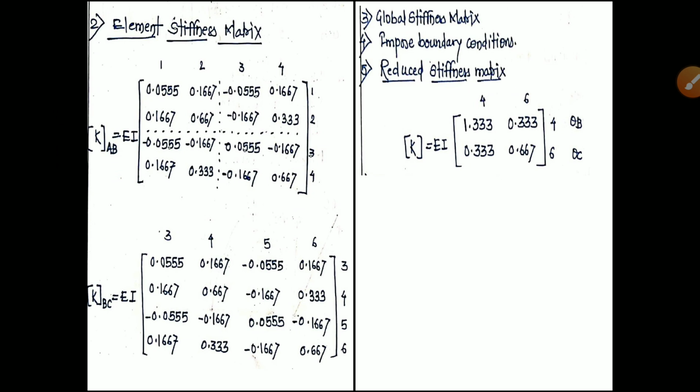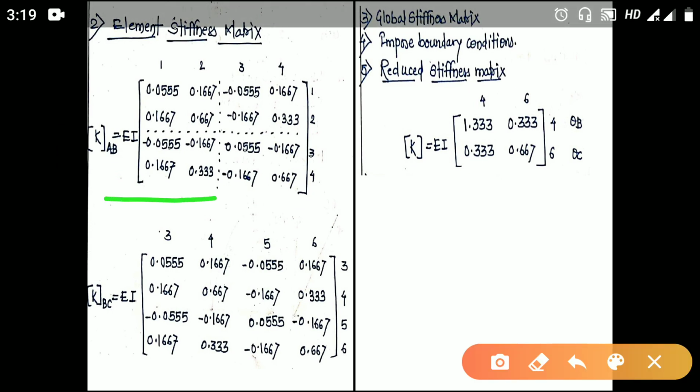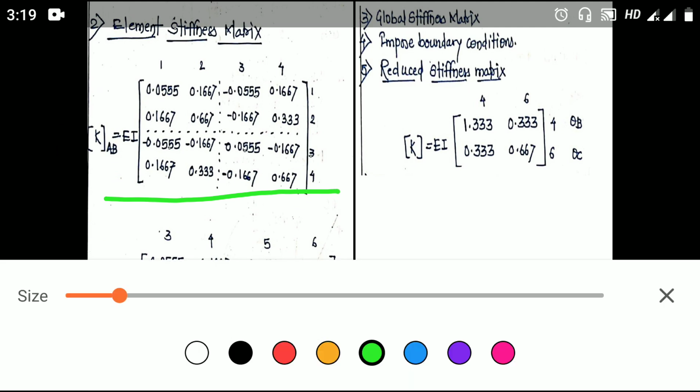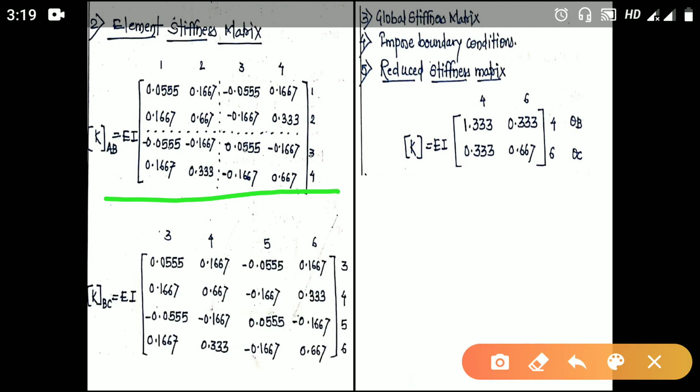Complete this matrix of order 4 by 4. Taking EI outside of the matrix, this matrix is completed. Then similarly complete the matrix of member BC.